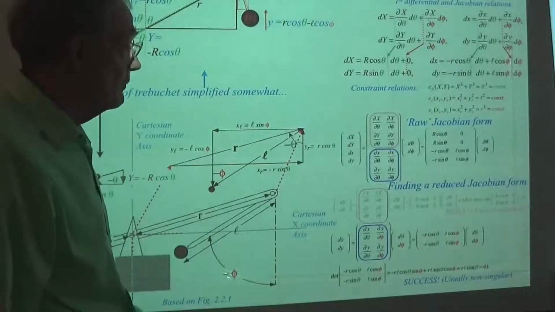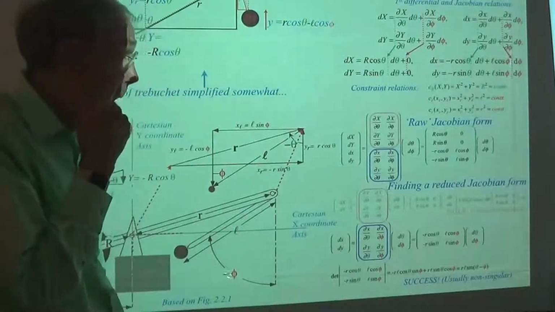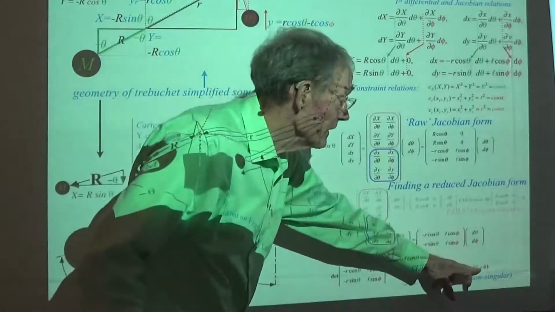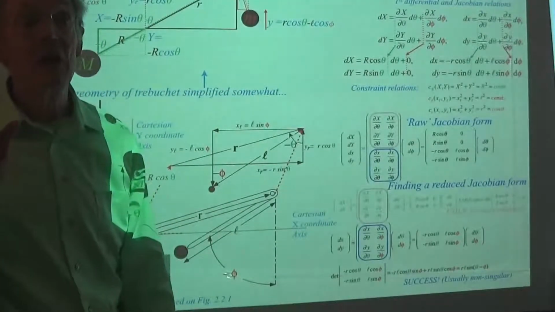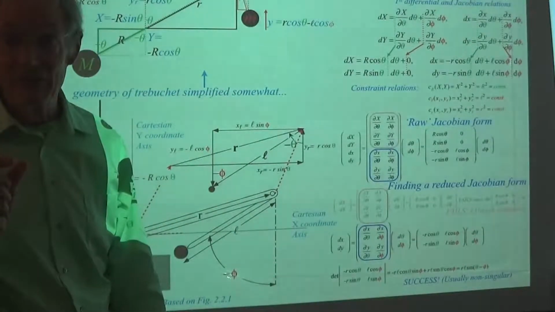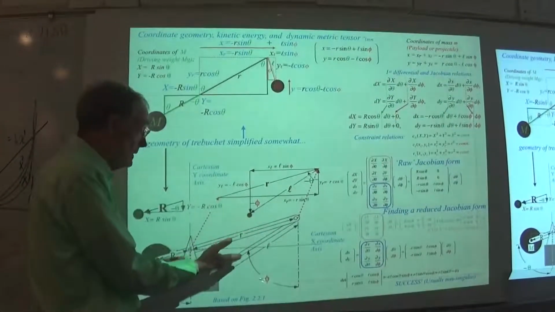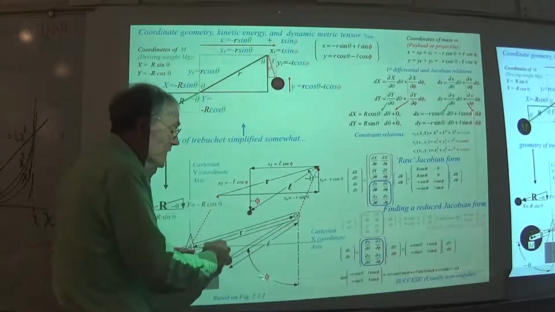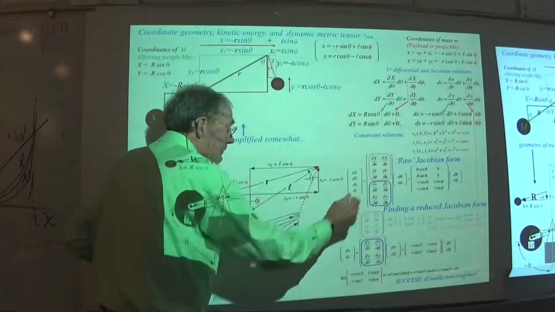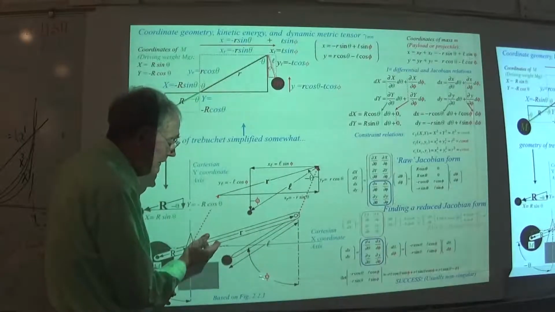So what you notice is this thing will go to 0 when phi and theta are either equal or within pi of each other. Okay, those are 2 reasons. So this Jacobian is going to give us problems when the thing is stretched out with the angles differing by pi, or when they're equal.